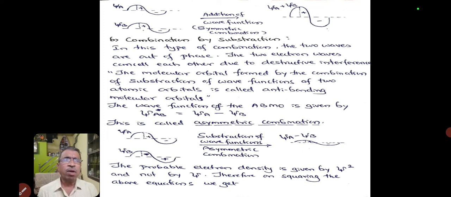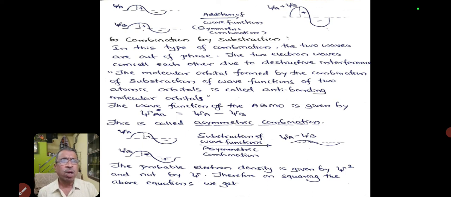There is another combination called subtractive combination. In this type of combination, the two waves are out of phase. The two electron waves cancel each other due to destructive interference.